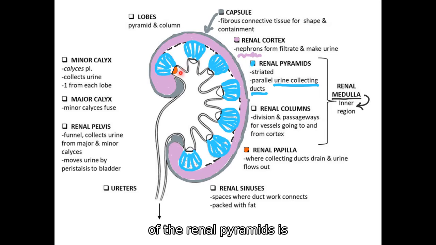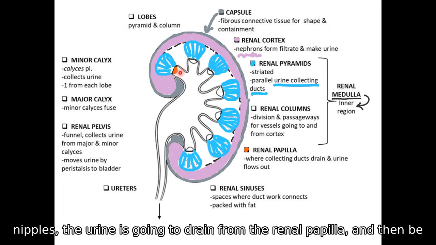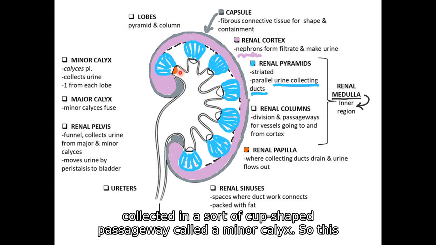And then the little tip of the renal pyramids is the renal papilla. And that word papilla means nipple. So those are the kidney nipples. The urine is going to drain from the renal papilla and then be collected in a sort of cup-shaped passageway called a minor calyx.